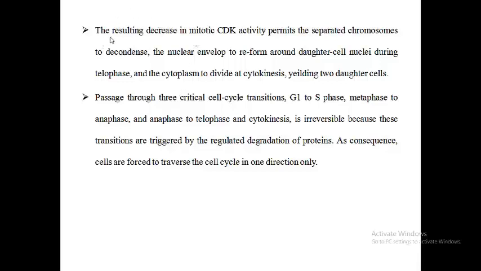Okay. The resulting decrease in mitotic CDK activity permits the separated chromosomes to decondense, the nuclear envelope to reform around the daughter nuclei during telophase, and the cytoplasm to divide at cytokinesis, which results in the formation of two daughter cells.